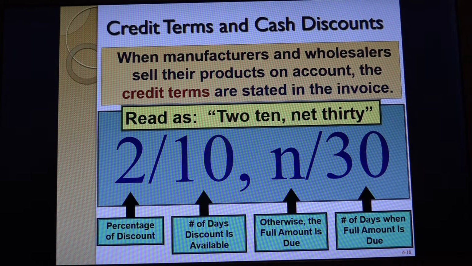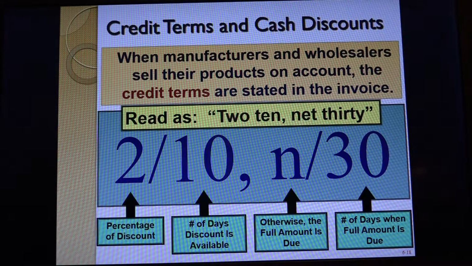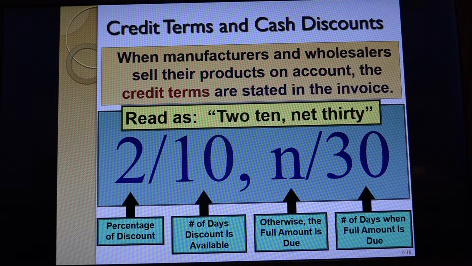And really, it's date of invoice, not date of sale. Those may actually be two different things. I mean, sometimes it takes a while to actually invoice a sale.